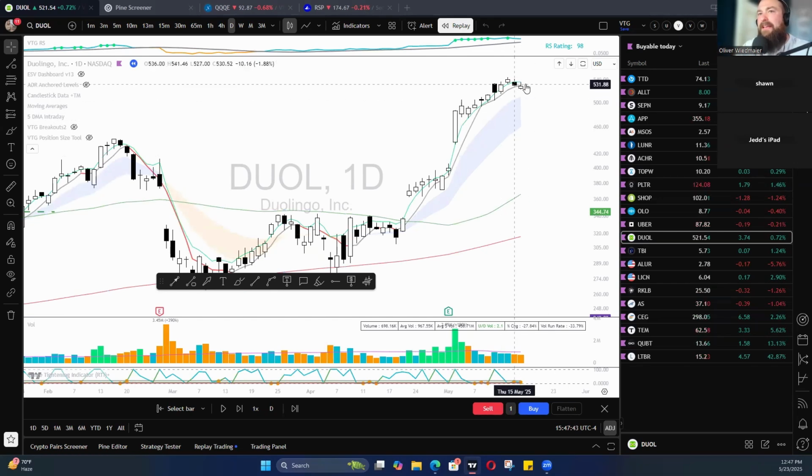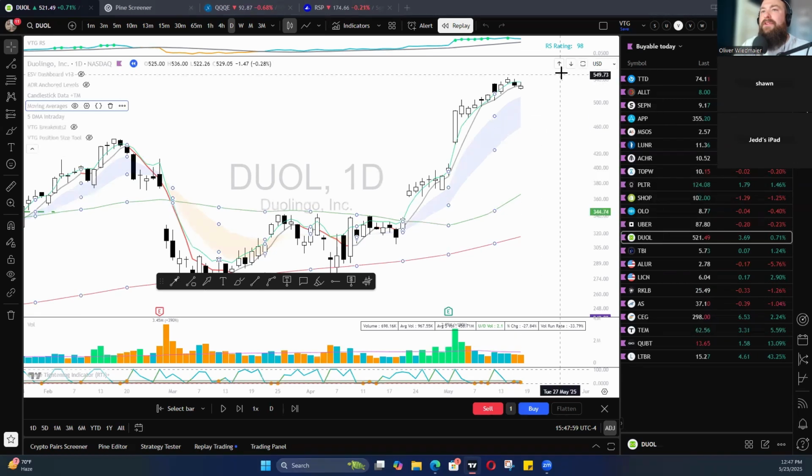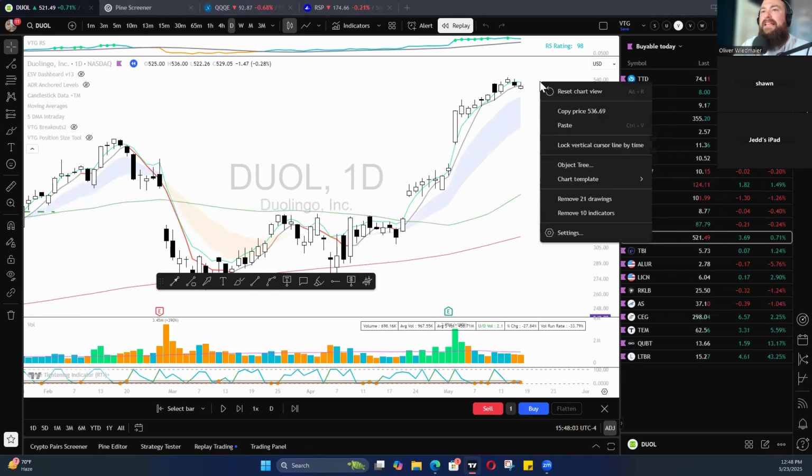I'm not willing to take an entry if it's not even testing. If it's just riding a 5 or 6 EMA, I'm not interested in that. So at this point, I would put it on a focus list and I would set an alert just so I can keep an eye on it. Set the alert from up there for kind of the top of the daily candle.